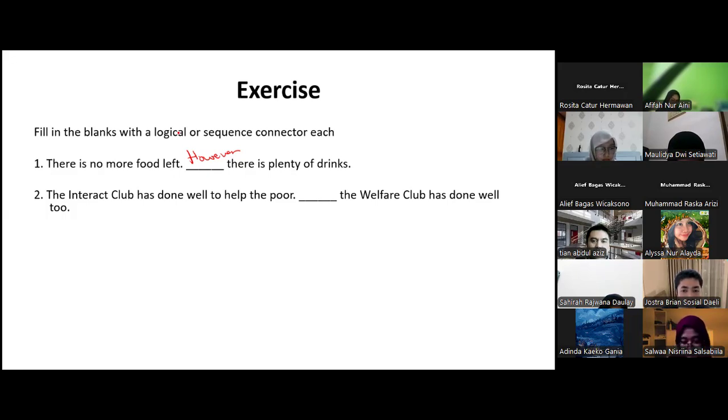Okay, Rosita, unmute, read the sentence and put the connectors.